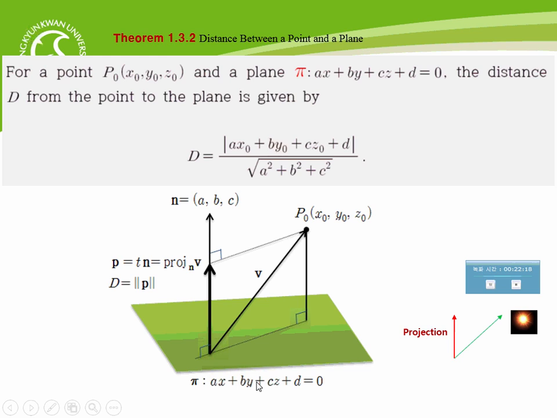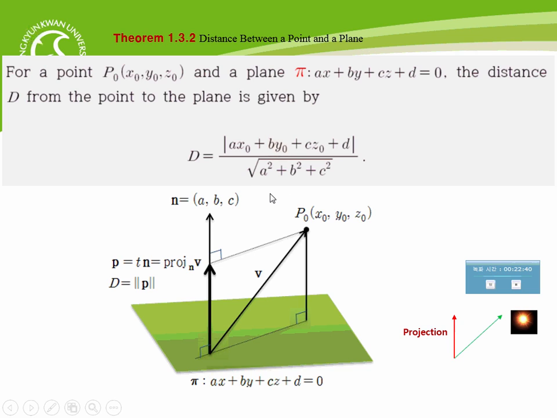And the next, this is the theorem that you always see. Actually, you have seen it in the National College Entrance Examination. For a point P0 and the plane pi, the distance d from the point to the plane is given by this value. Why?